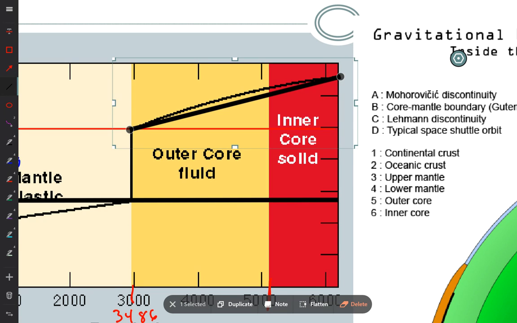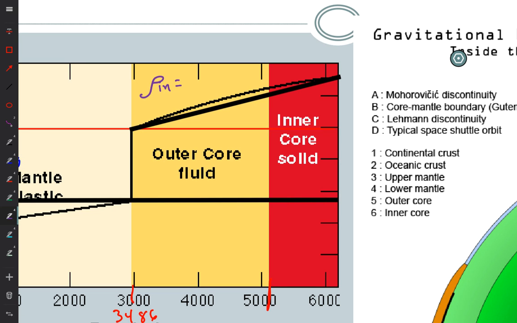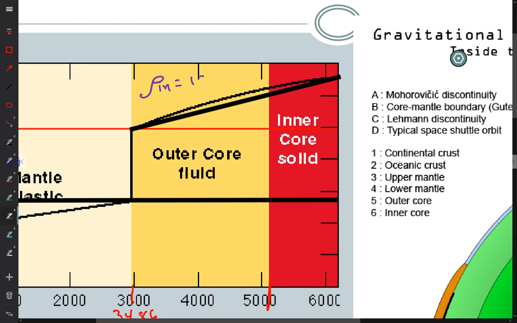So I'm going to say that for that first portion, the density inner is equal to the density that it has at the center, which if you look at this, is just a little over 13. So I'm going to say 13 and a half grams per centimeter cubed.